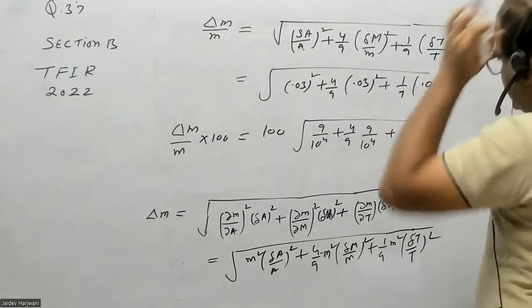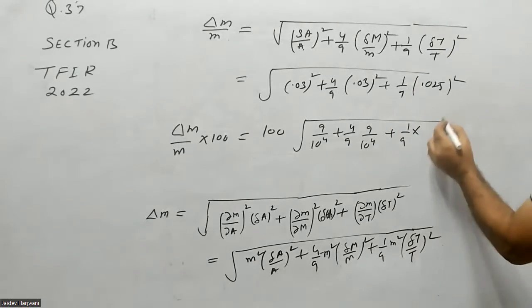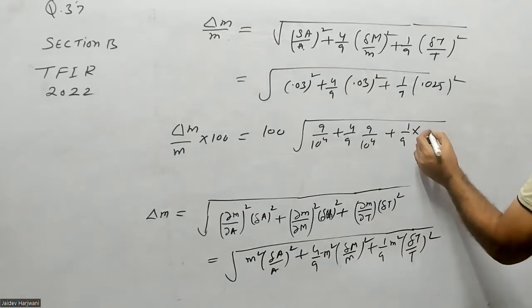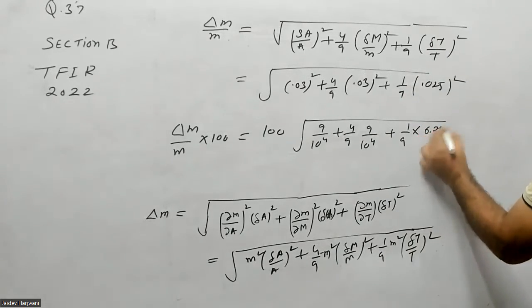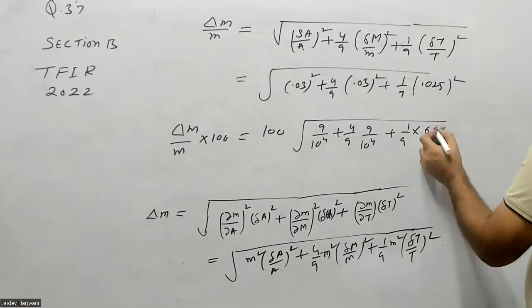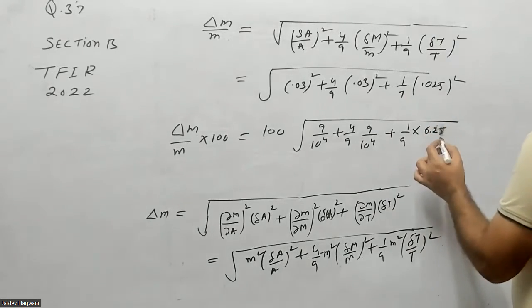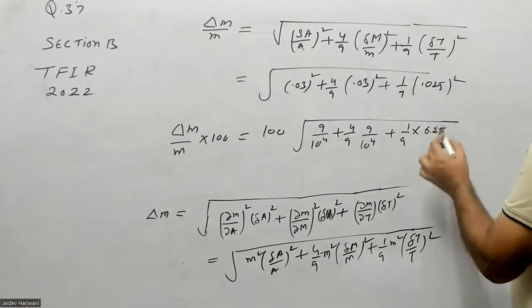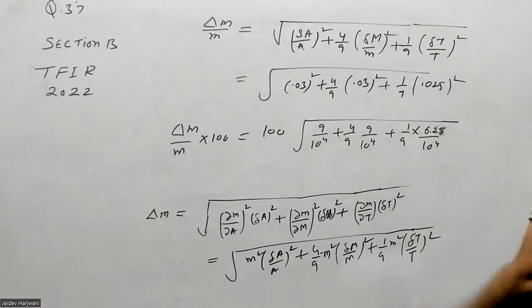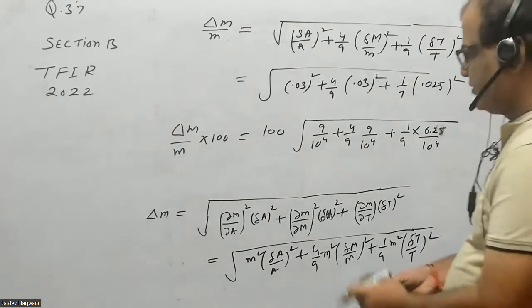You can write 2.5 times 2.5, how much does it become? 6.25, so 6.25 divided by 10 raised to power 4. Let us calculate now and solve this one.